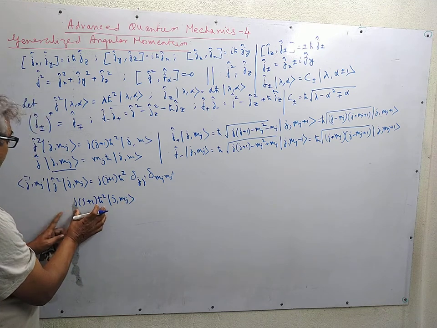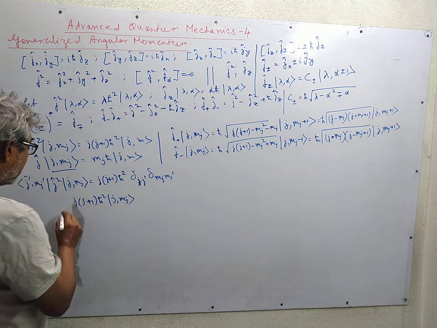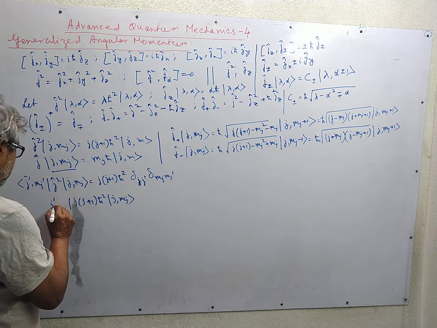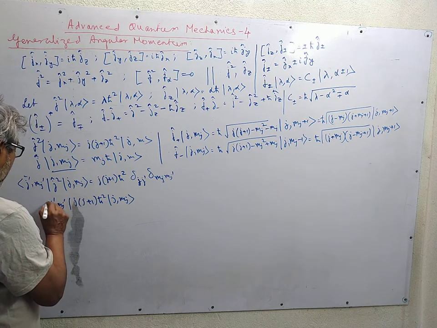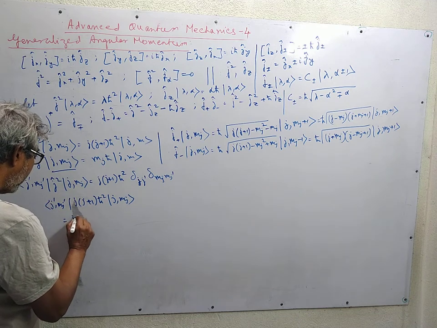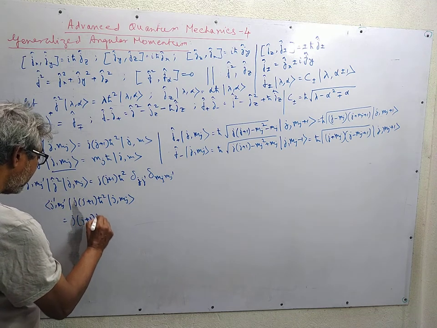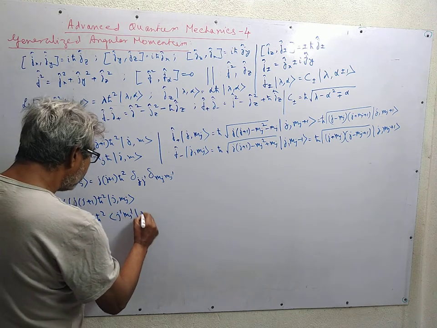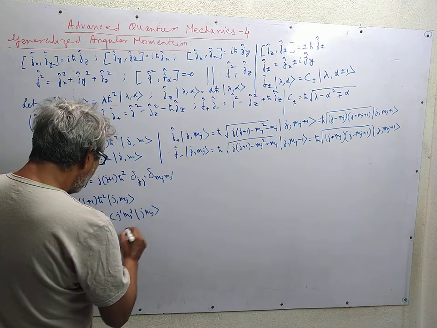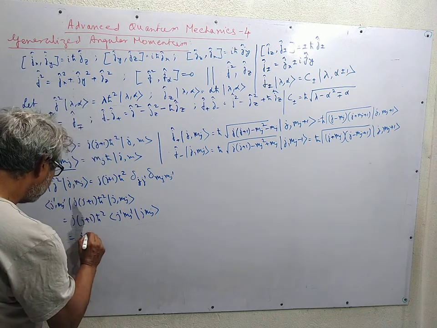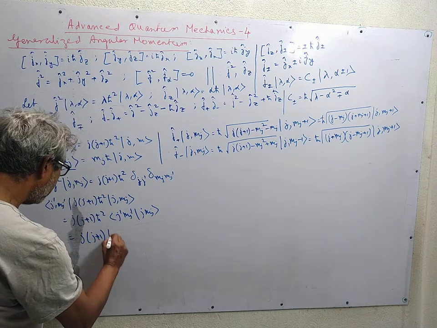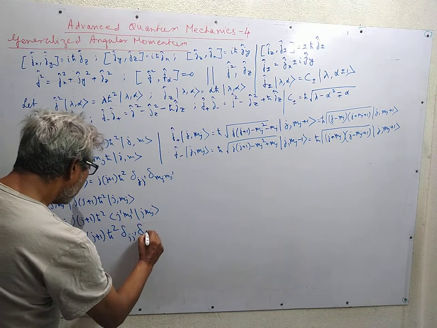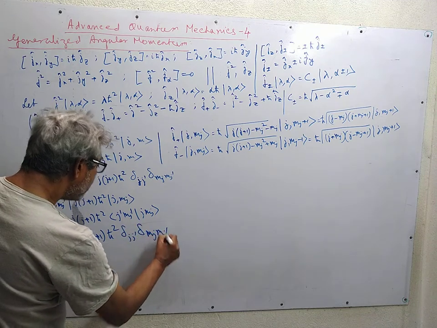This, being a scalar, is taken out, and when its inner product is taken with this bra, we get j(j+1) ħ squared taken out, then <j' mj'|j mj>, which is equal to j(j+1) ħ squared delta jj' delta mj mj'.